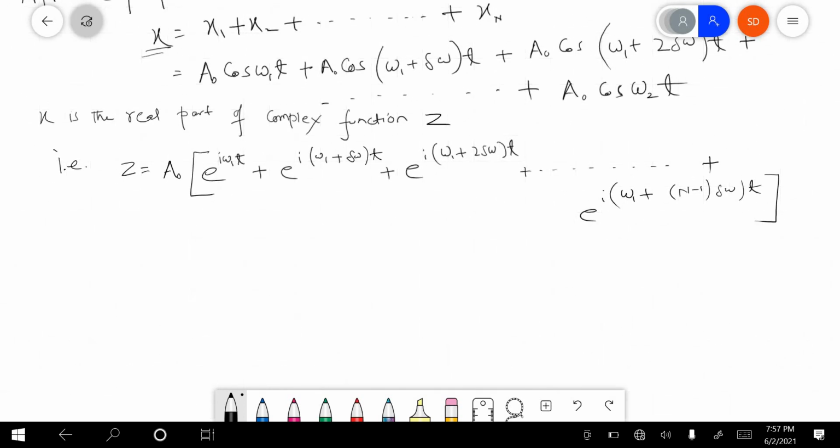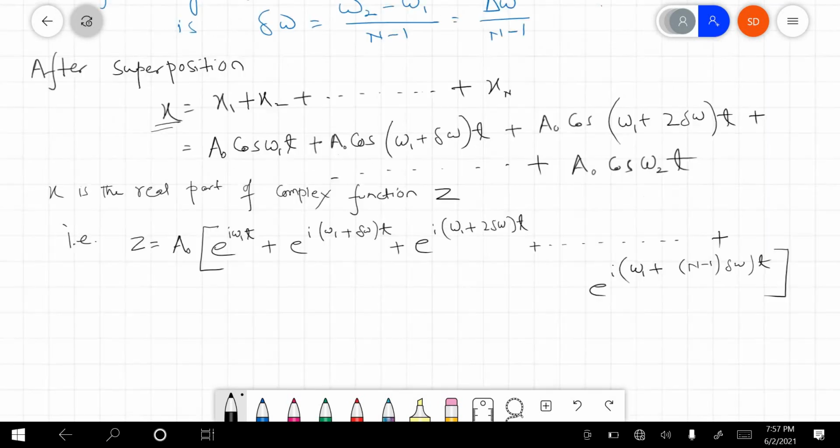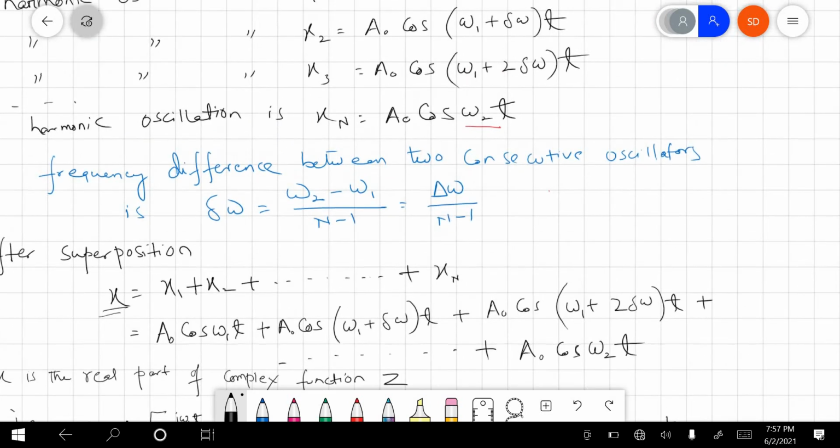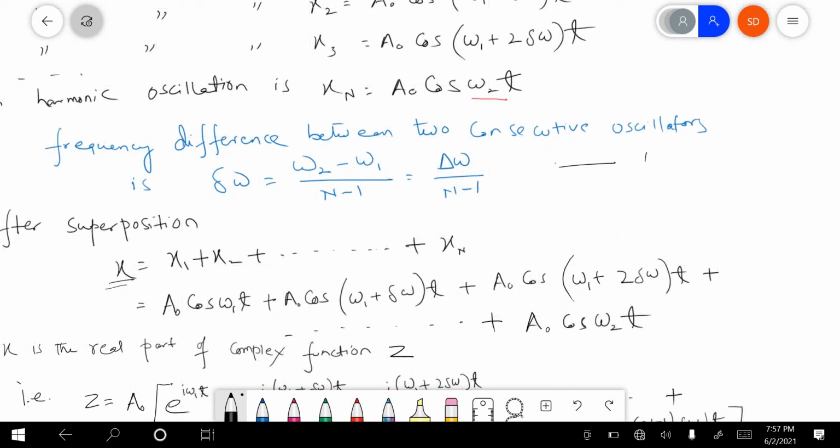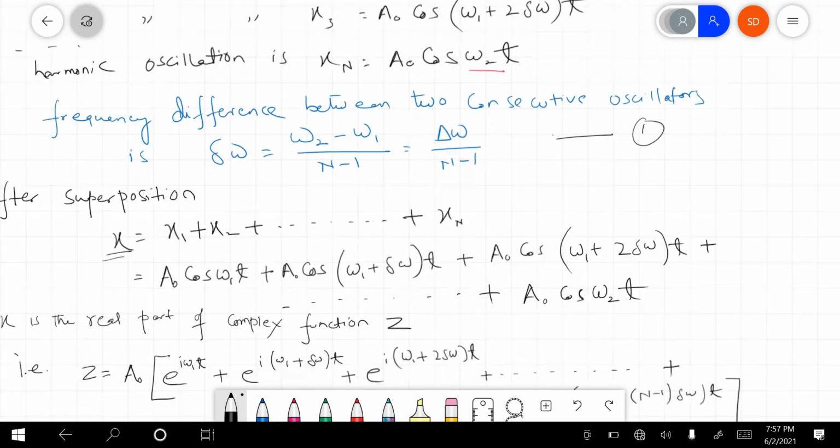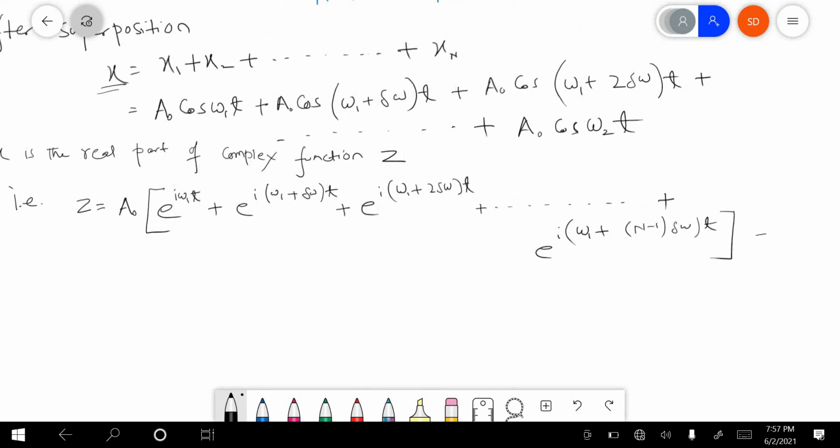So for example, this is equation number 1 and this is equation number 2.